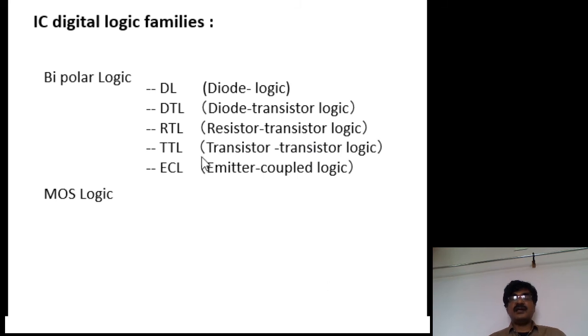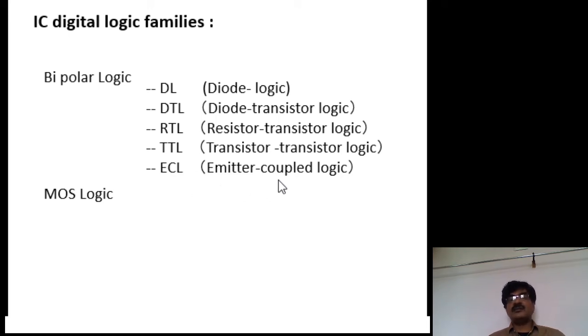Another bipolar logic is TTL, where only bipolar junction transistors are used. In ECL, the expansion is emitter coupled logic, and here also we use only bipolar junction transistors, but we maintain an emitter coupling.